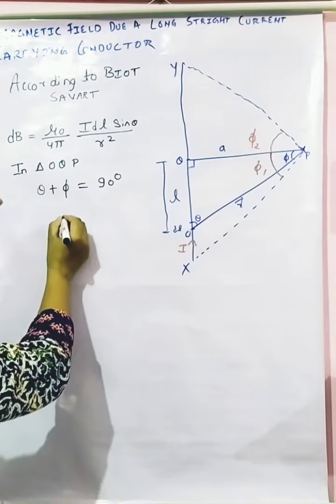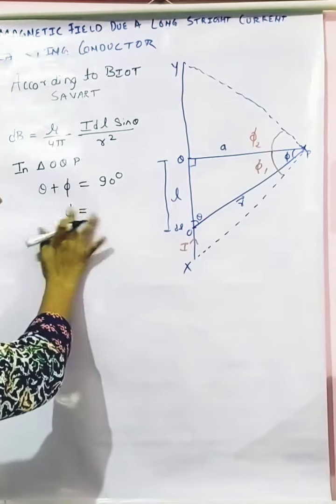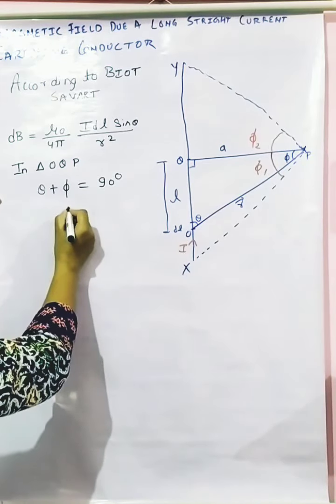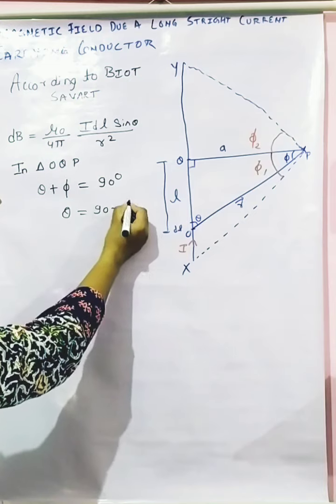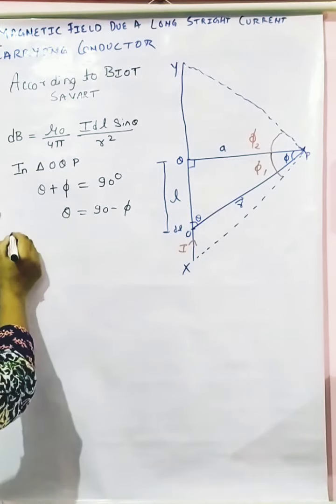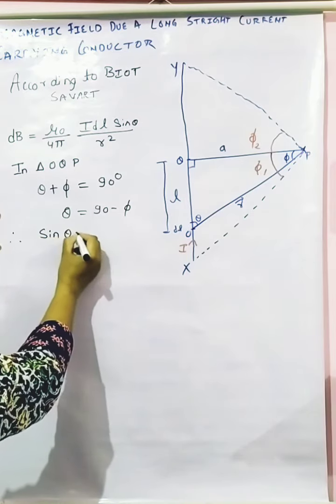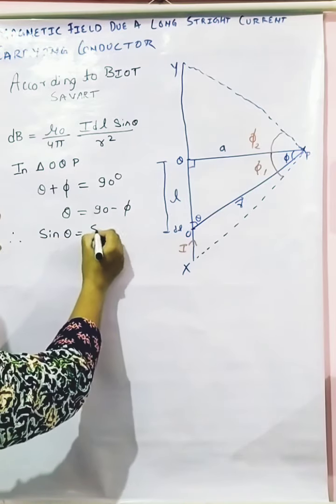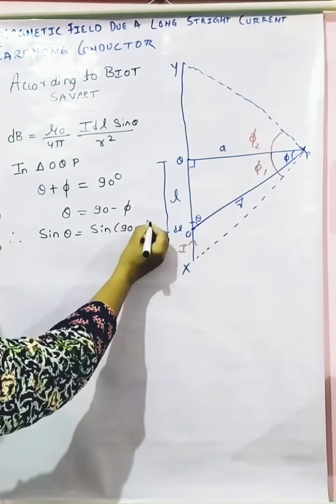So I can simply write theta is equal to 90 minus phi. We can take sine on both the sides. So I will get sine theta is equal to sine of 90 minus phi.